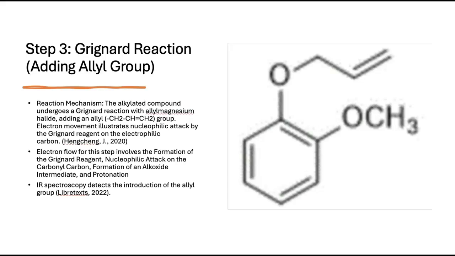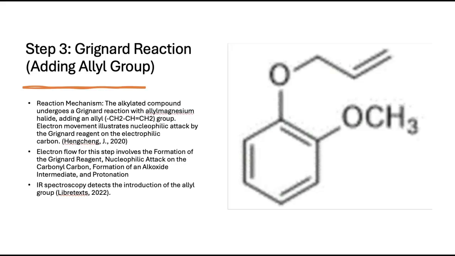For step 3, we take a closer look at the Grignard reaction, which is a chemical process used to build larger molecules by adding carbon groups to other compounds. It involves a Grignard reagent, which is made by reacting magnesium metal with an organic halide. This reagent acts as a highly reactive carbon tool that can attach to a carbonyl compound, forming new carbon-to-carbon bonds.